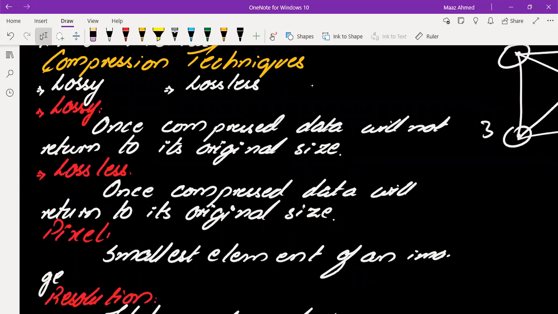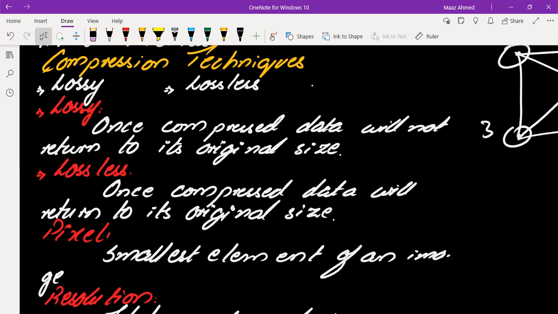Lossy compression is something where, once you compress the data, it is not going to return to its original size. For example, you might have witnessed that when you click a picture from a DSLR and send that picture with the WhatsApp app, the picture quality shrinks. And once it has shrunk, it will not come back to the original size. So that is known as a lossy compression technique.